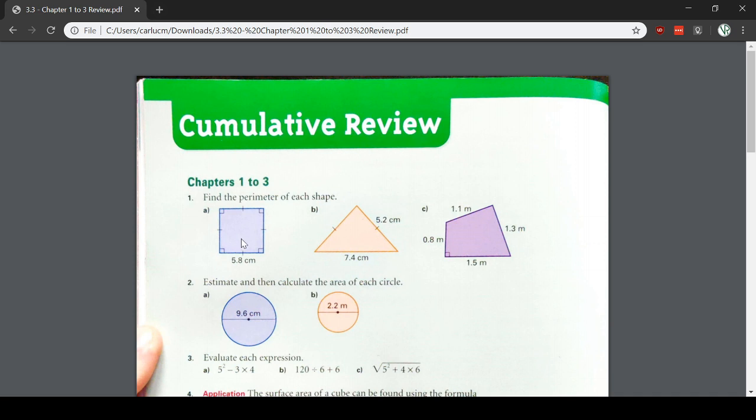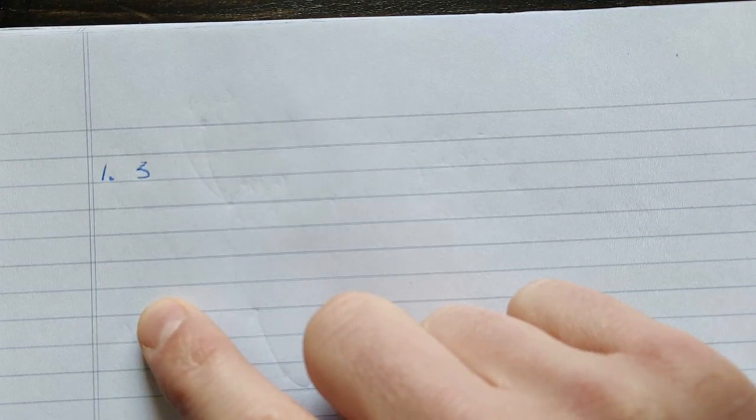Just to quickly do that one, we'll switch over here. We have number 1. Oh, my pen doesn't want to work. 5.8 plus 5.8 plus 5.8 plus 5.8.